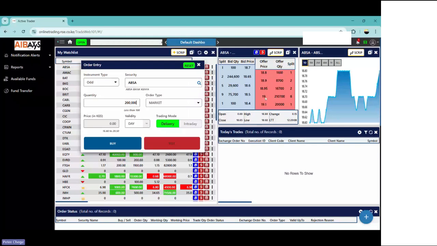However, let's assume I had put 2 million shares and I have funds in my account. It will clear everything. Then the balance won't be converted back. It will be cancelled. So for a market order, it clears, and if it's not able to fill your order, the balance is cancelled. Then there is market to limit. This is where the difference comes in.